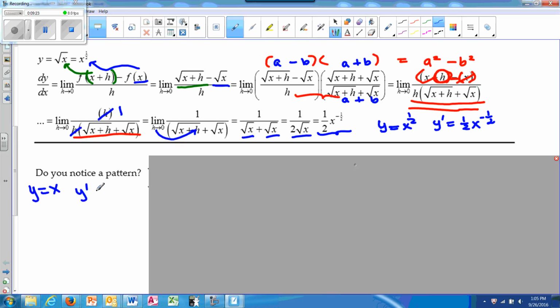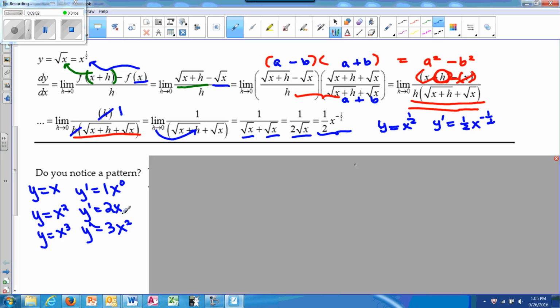Do you happen to notice a pattern for what happened? Let's see if we can make a list. When we had y equals x, y prime was 1. When y equals x squared, y prime was 2, and then x to the 1.